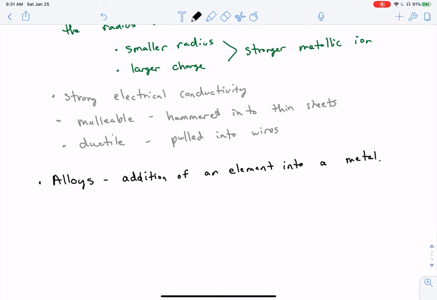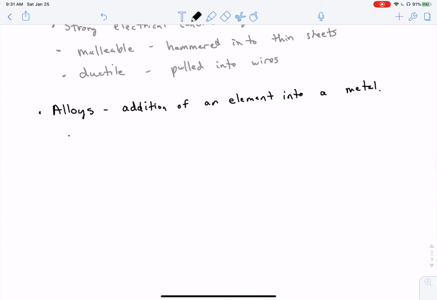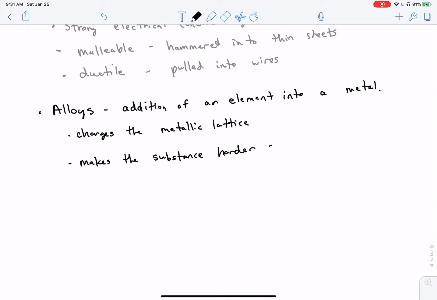Okay. But the addition of an element to the metal changes the metallic lattice. And usually it makes the substance harder, which is less malleable or ductile, because the introduction of this other element affects how mobile the positive ions can be, which sometimes can be a good thing, sometimes a bad thing.